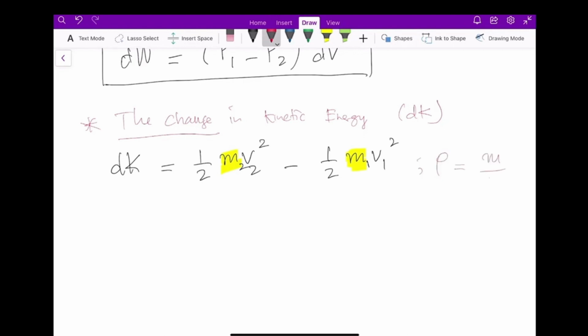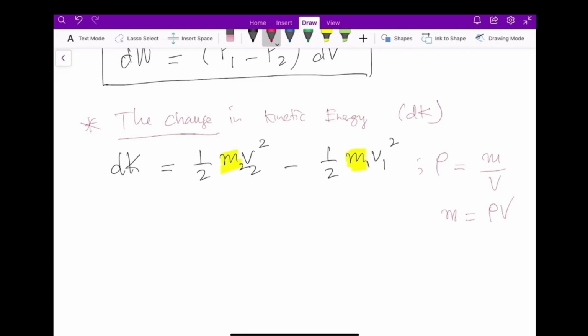Remember we have density equal to mass over volume. So we can replace mass with rho multiplied by V, because we want to connect the same terms. Remember, when we take the summation later on of all the terms, we need to ensure that the terms have the same quantity, the same properties, so that we can subtract.